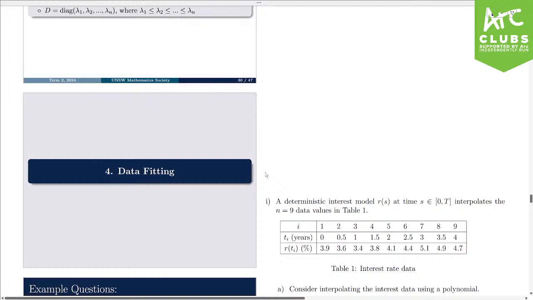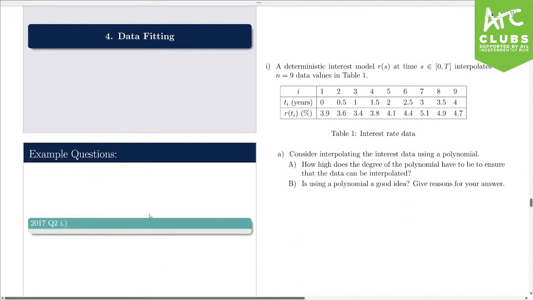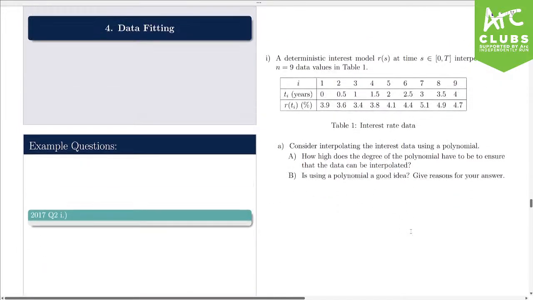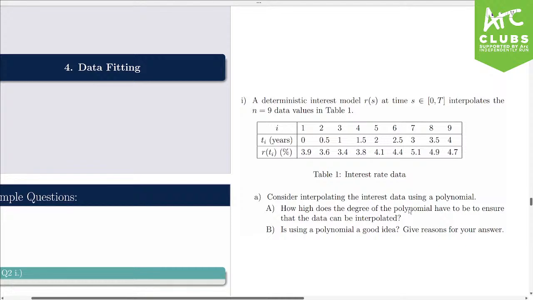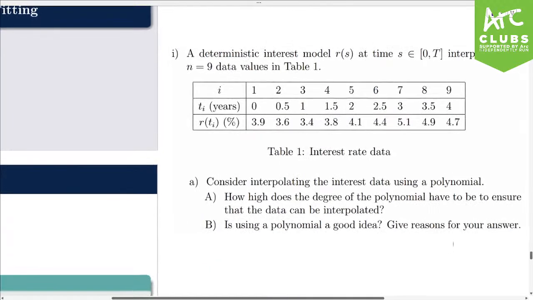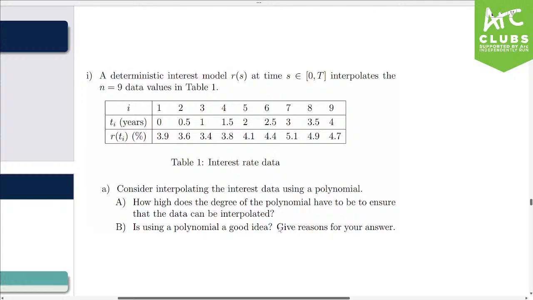So the example question I have here is from the 2017 paper, and it's about polynomial interpolation, and this is a more qualitative problem. So part A wants us to find the degree of the polynomial so that it can pass through every single one of these data points.